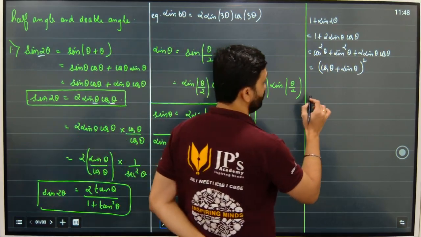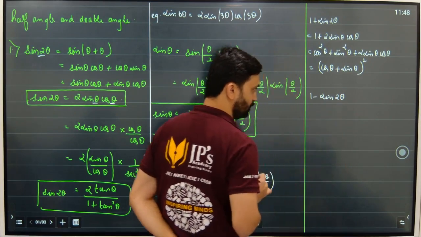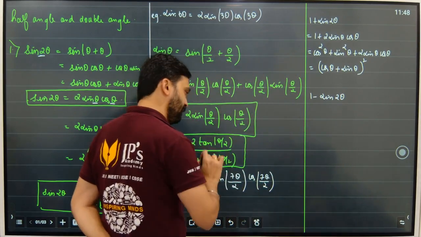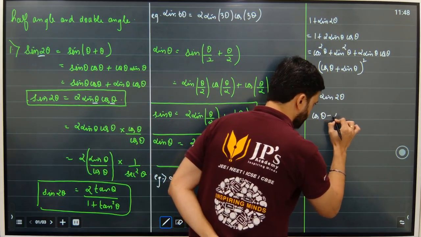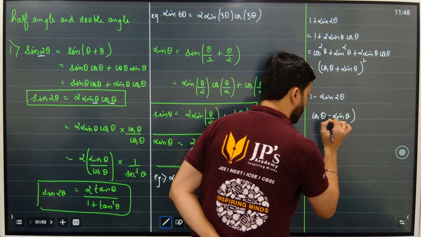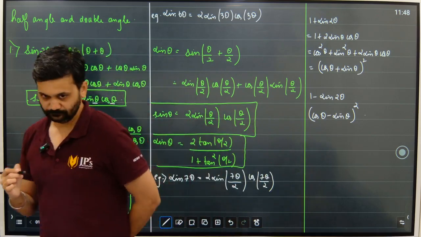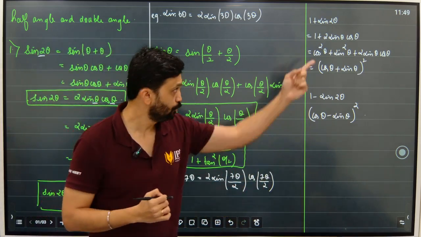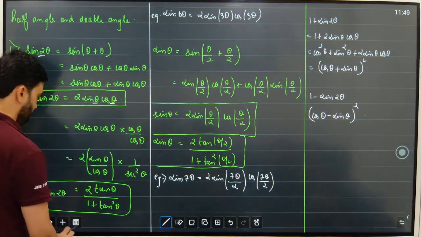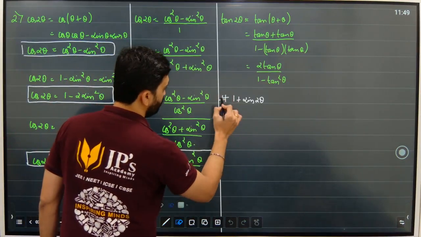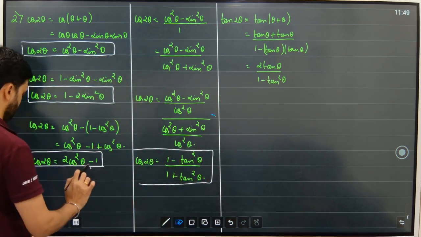And in the same way, if someone asks what is the formula for 1 minus sin 2 theta, it becomes cos theta minus sin theta the whole square. So we have the formula for 1 plus sin 2 theta, and we have the formula for 1 minus sin 2 theta. So let's write it here.